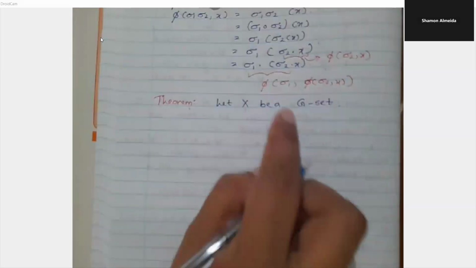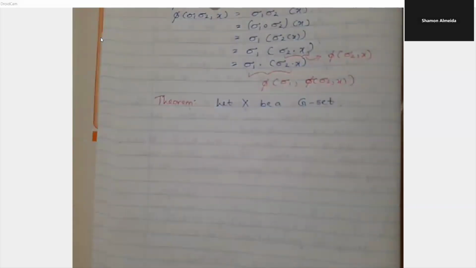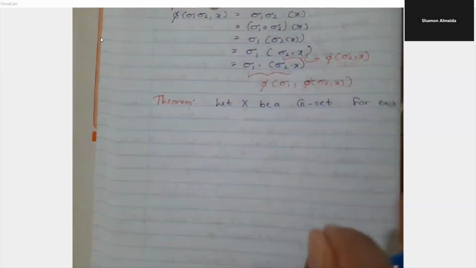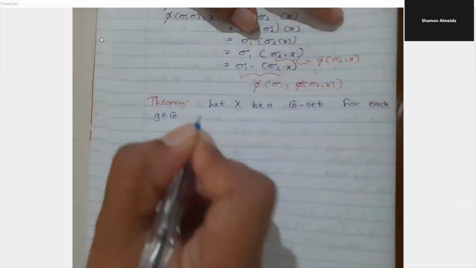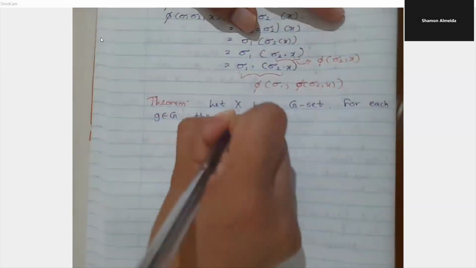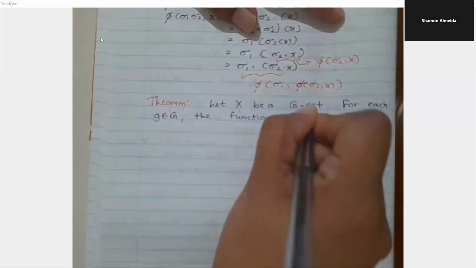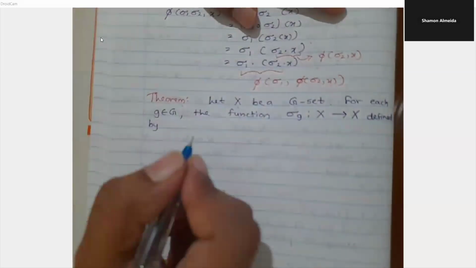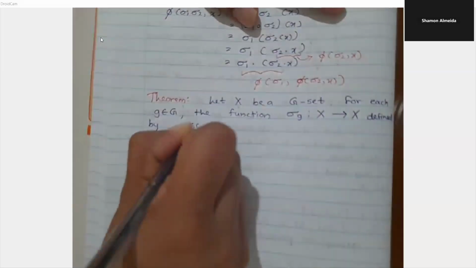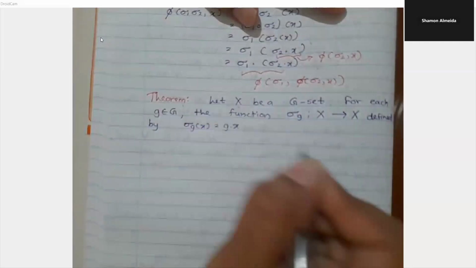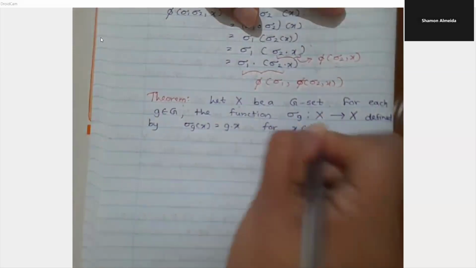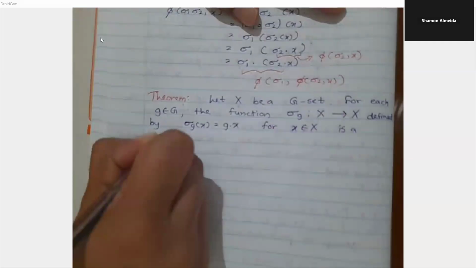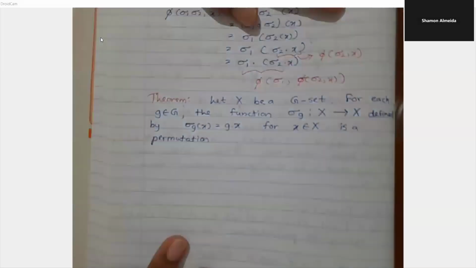That means G is acting on X. There is a group action so that G acts on X. Okay, by definition, for each element g that you take from the group, the function sigma g from X to X defined by sigma g of x is equal to gx, for x in X, is a permutation of X.